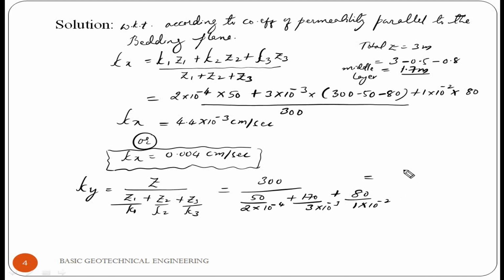So the value will come around Ky equal to 0.000978 centimeter per second. This is the average coefficient of permeability perpendicular to the bedding plane.